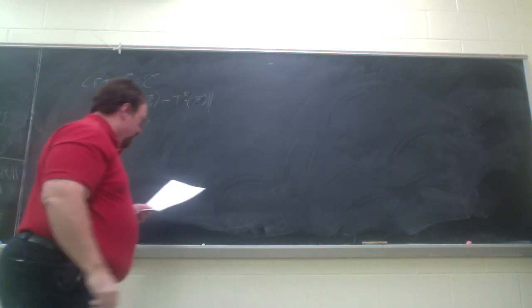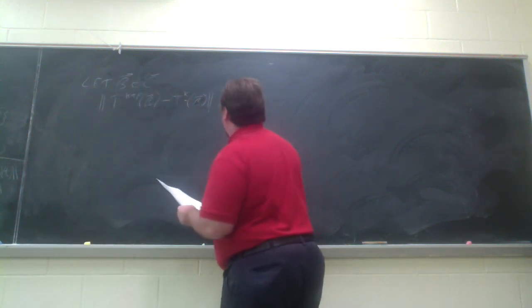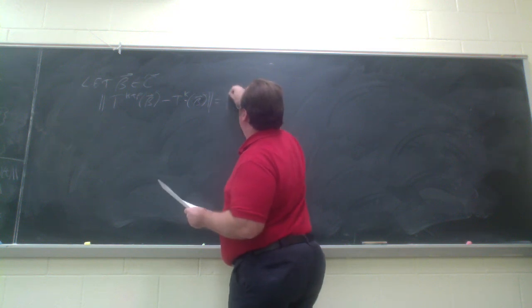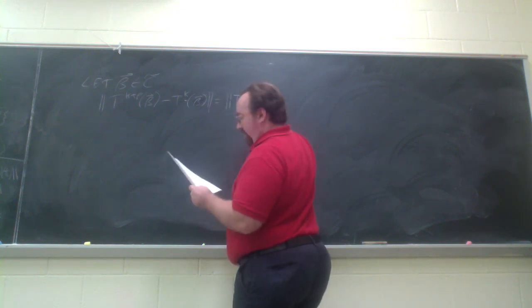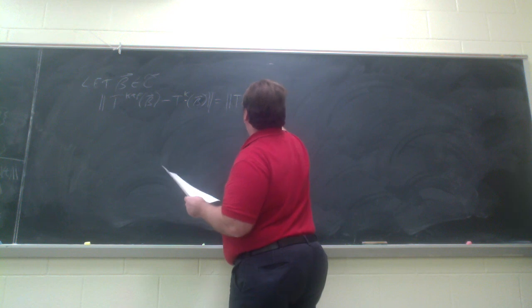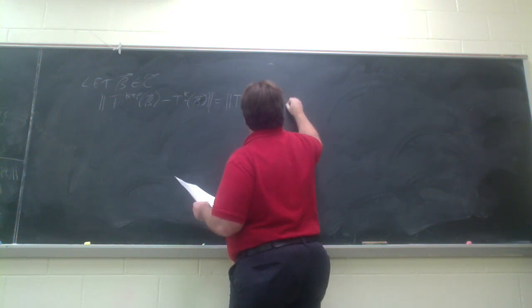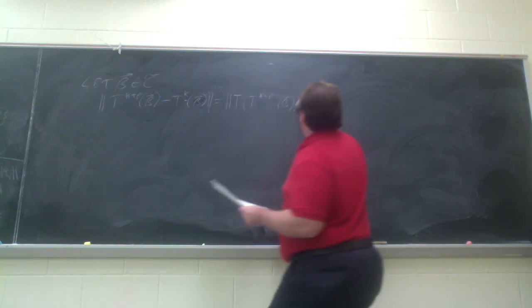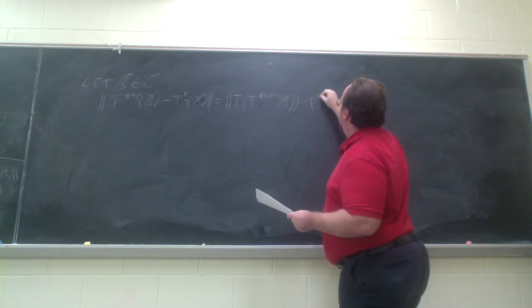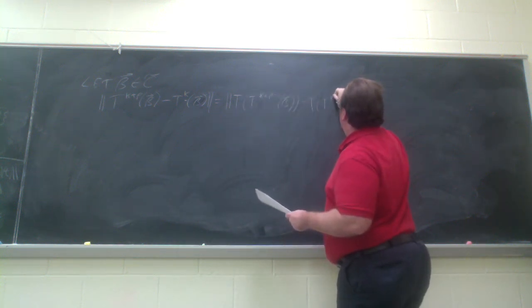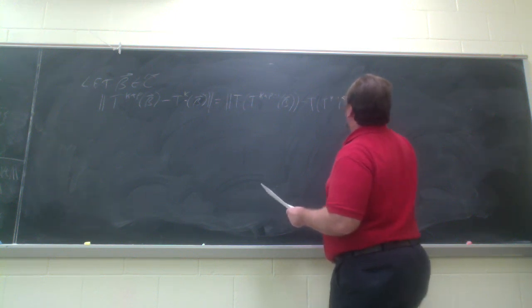Okay. Now what I can do is, in each case, I can factor out one of the T's. So that's T of T^(k+p-1) of beta minus T applied to T^(k-1) of beta. All right.